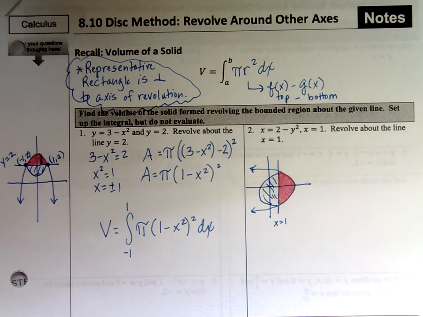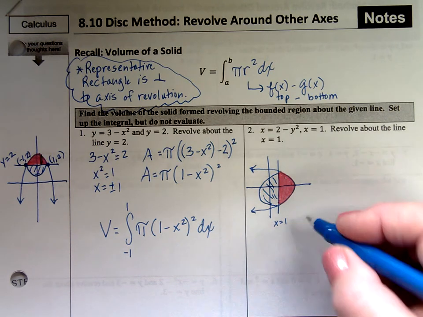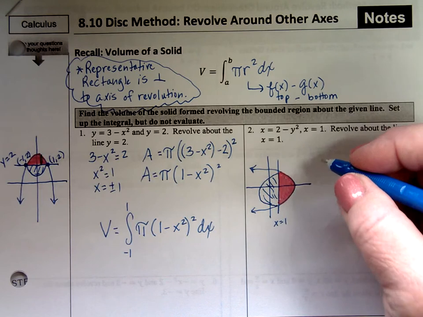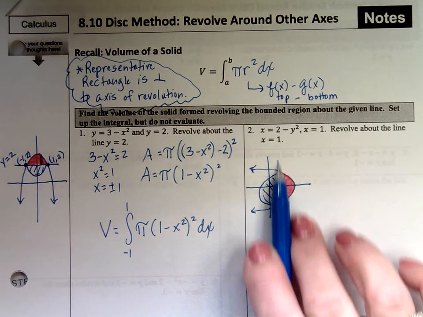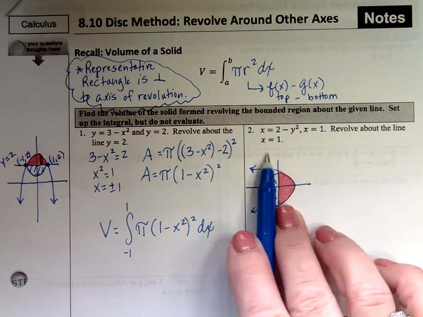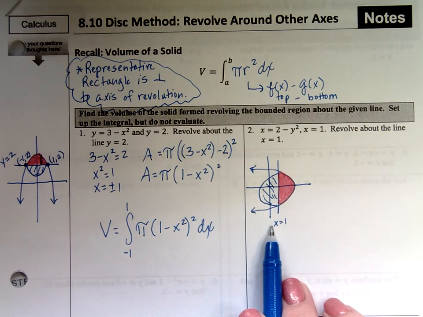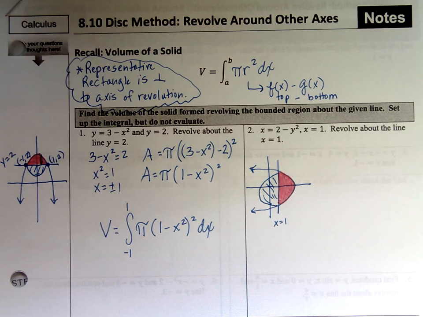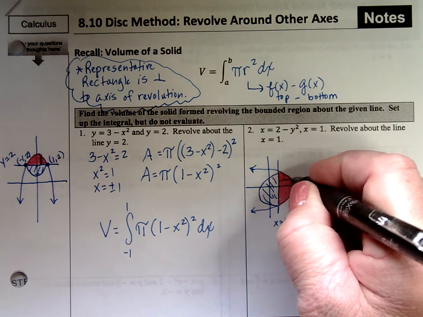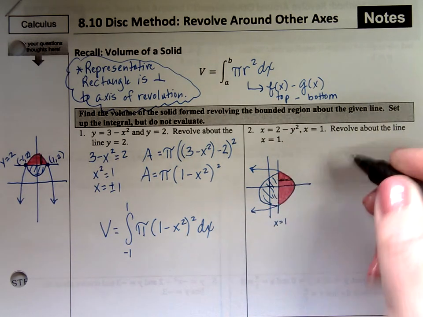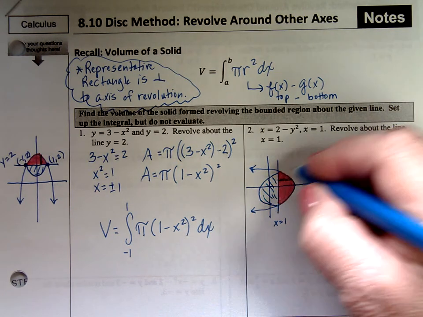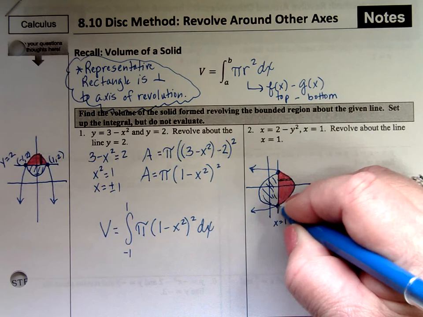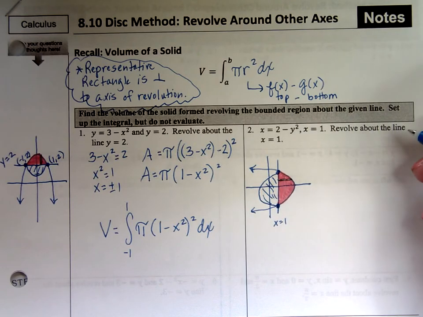Couple things I need to know: points of intersection. Now this time I need to know what the y coordinates are, right? Because I'm revolving it around a vertical line, like the vertical of the y-axis. So this time my representative rectangle is going to be horizontal, perpendicular to what I'm revolving around, which is x equals 1. And I need to know these bounds in the y, what the y values would be.